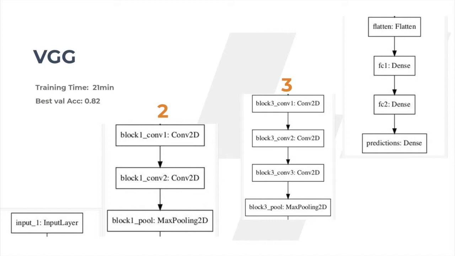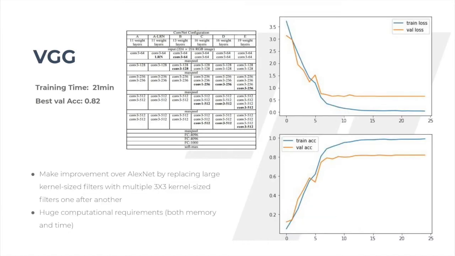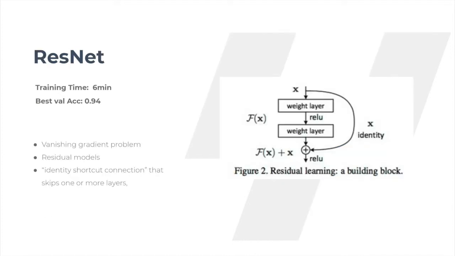It is better because multiple non-linear layers increase the depth of the network, which enables it to learn more complex features. The model is very large, which is also one of the reasons that we have to use transfer learning. With pre-trained parameters, the training time is around 21 minutes for our model, and the best validation accuracy is around 82%.